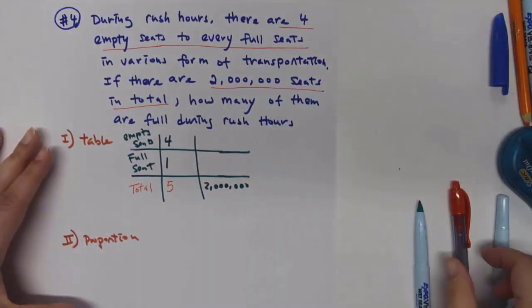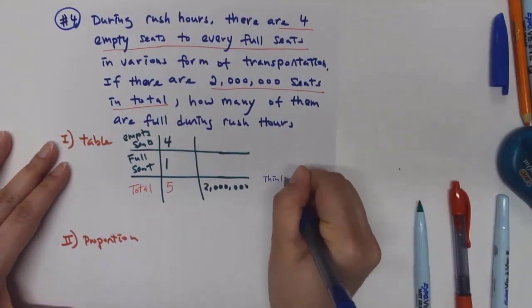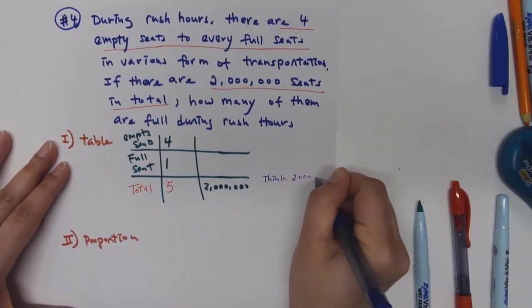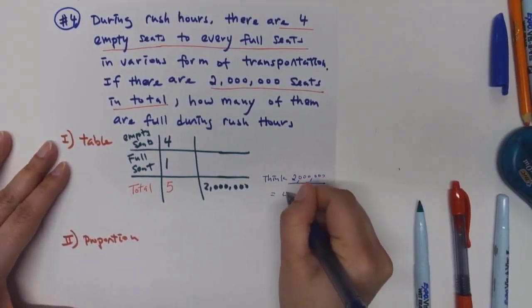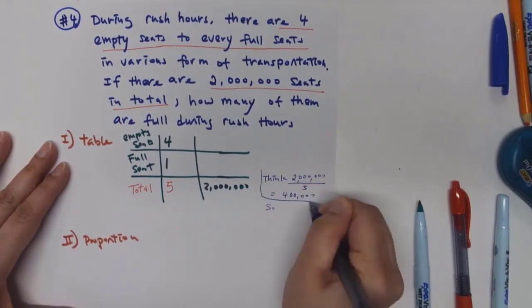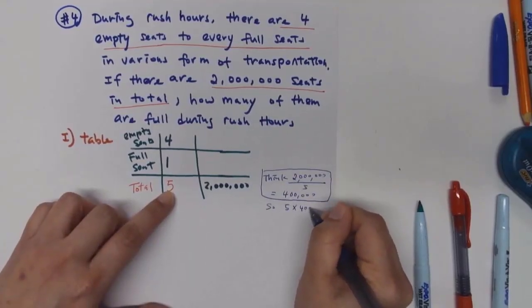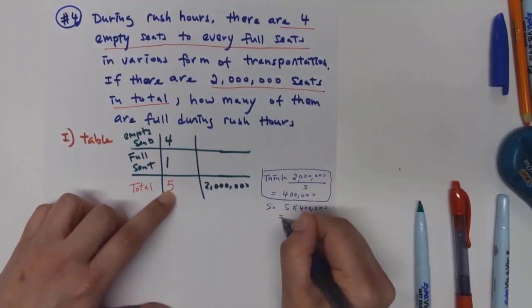400,000, right? 2 million divided by 5 equals 400,000. The 5 multiplied by 400,000 should give me 2 million, right?